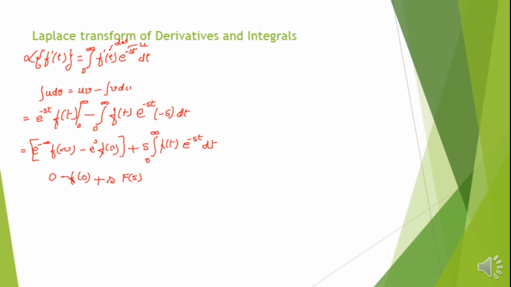So Laplace transform of derivative f dash of t equals s F of s minus f of 0. So this is the Laplace transform of a derivative function.